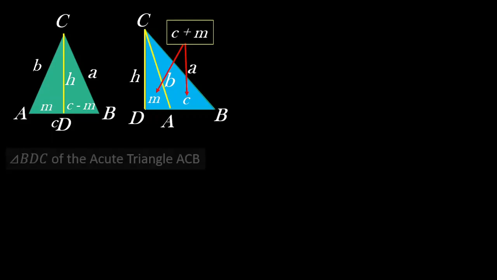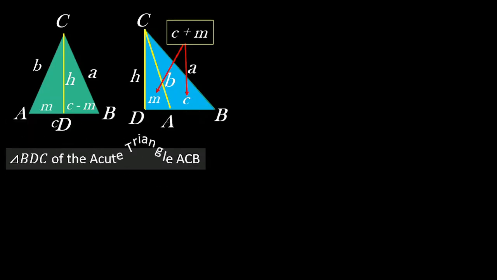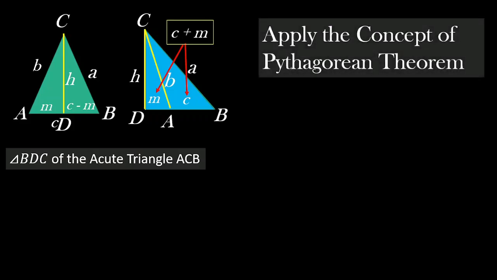Now let's begin analyzing right triangle BDC of the acute triangle ACB. To find the missing value of a side of a certain right triangle, we apply the concept of the Pythagorean theorem. In right triangle BDC, side A is the longest side, and we consider it the hypotenuse. Side H and side C minus M are the shorter legs.